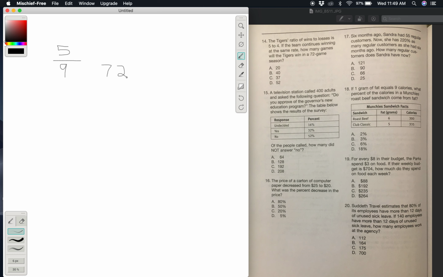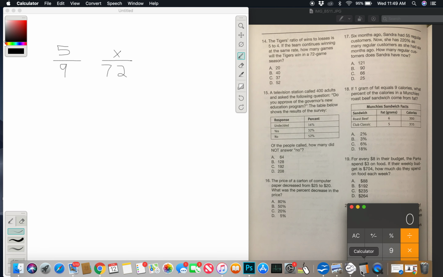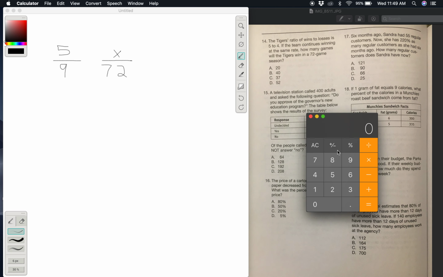So, we use that wonderful formula that we will pretty much be using this whole page, which is multiply. This is the missing variable, so we'll multiply diagonally towards the side with the missing variable. 5 times 72.